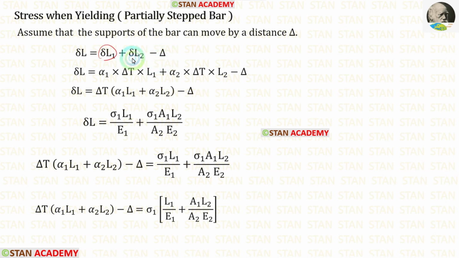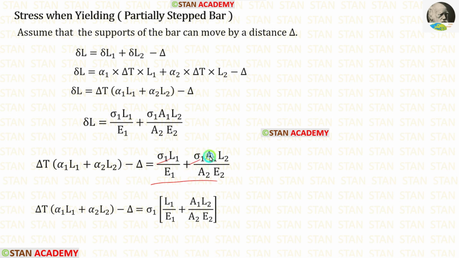For delta L1 and delta L2, we have made the expressions. Let us apply them. In the previous derivation, for delta L, we have made this expression. Now for delta L, we have two expressions. Let us equate both of them.